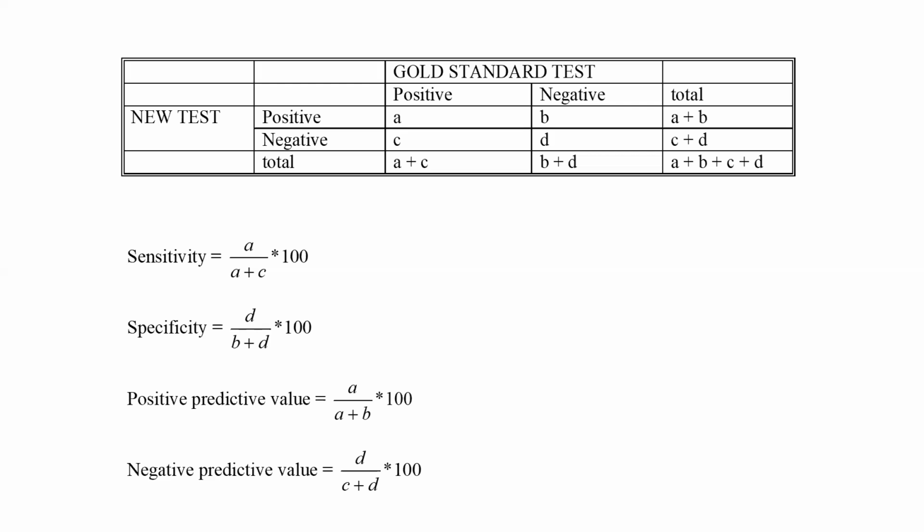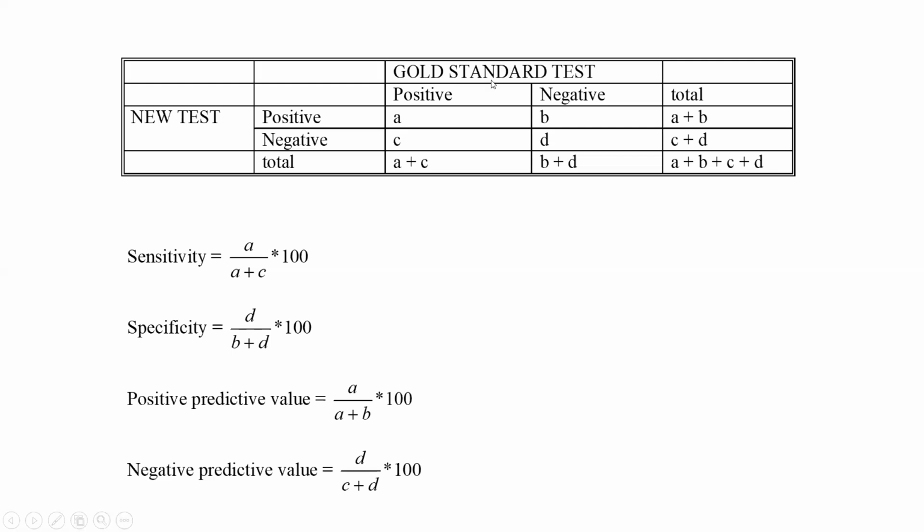This is the general table for a screening test. Gold standard test means the diagnostic test. This is the diagnostic test. This is the new test, that means our screening test. If the gold standard says it is positive, that means actually it is positive.